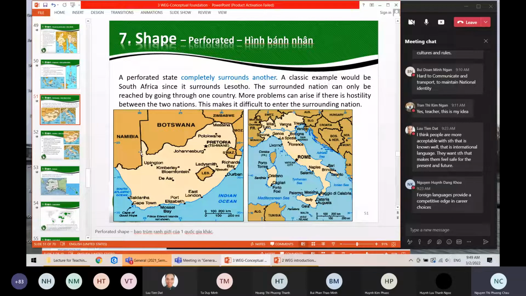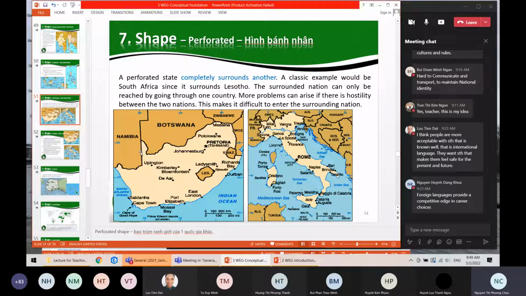Then if we think about the economy for Lesotho, for example, when Lesotho would like to sell products to other nations, to import or export something, it must be known by the bigger one, or the bigger one may have some profit from this activity.